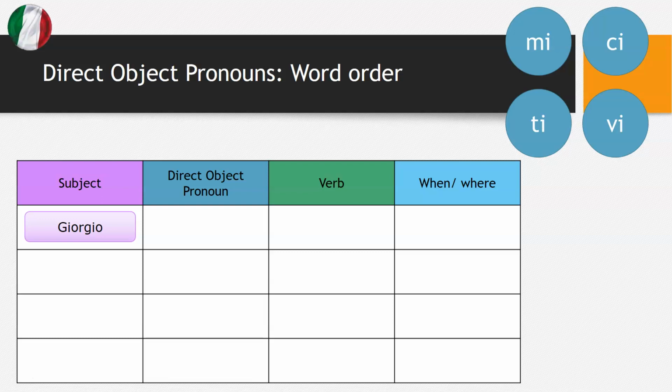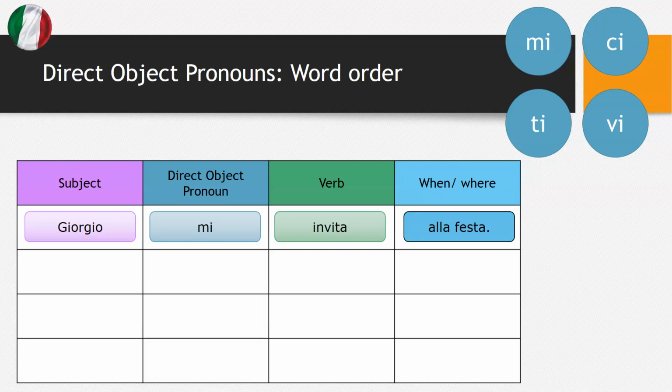Then comes our direct object pronoun, mi, our verb invita alla festa. So Giorgio mi invita alla festa. Giorgio invites me to the party. In English, the direct object pronoun usually comes after the verb, whereas in Italian it comes immediately before the conjugated verb.